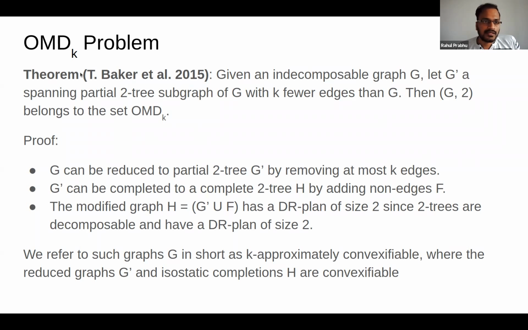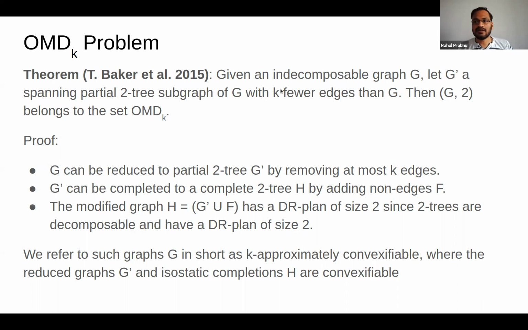In this paper by Troy Baker et al., they showed that if you are given an indecomposable graph G, then if you take the spanning partial two tree, so you want all the vertices to be covered in the subgraph that you're taking, and if you can get to it by removing at most K edges, then G belongs to the OMDK set.